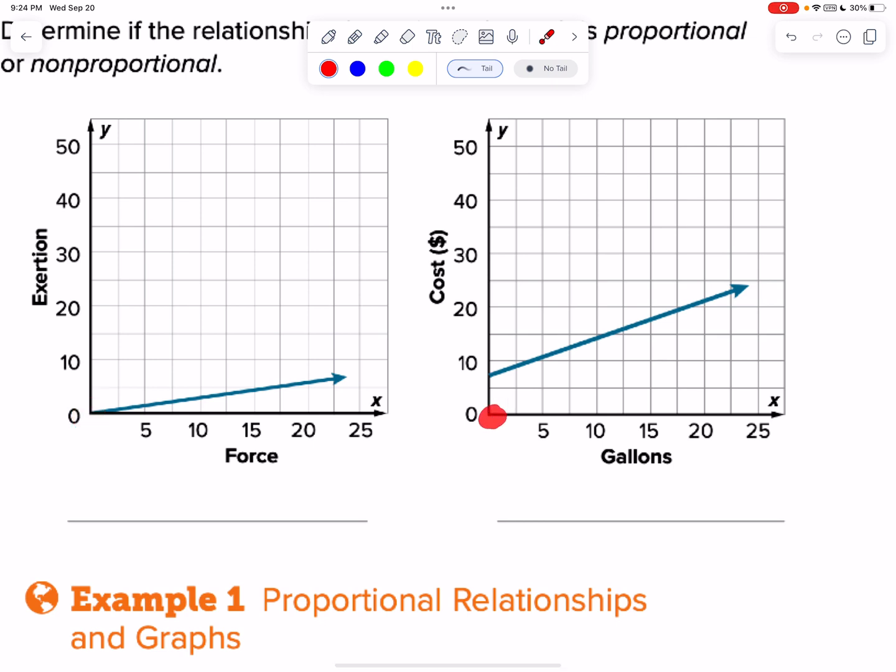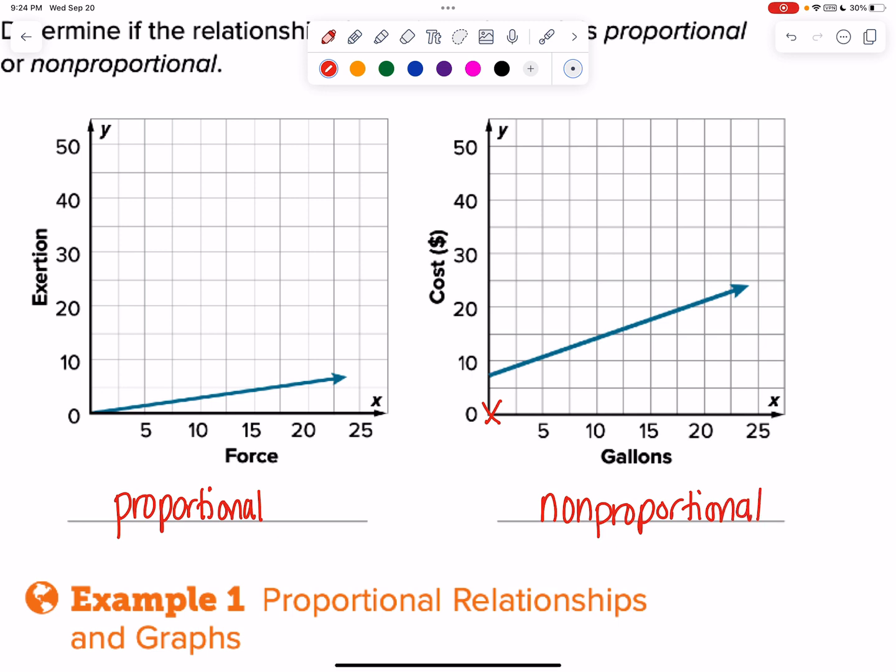You can see one of them does and one of them doesn't. The one that does means that it is proportional. So let's go ahead and write that. The one that doesn't go through (0, 0) means it is non-proportional, because it has to be straight and it has to go through (0, 0).